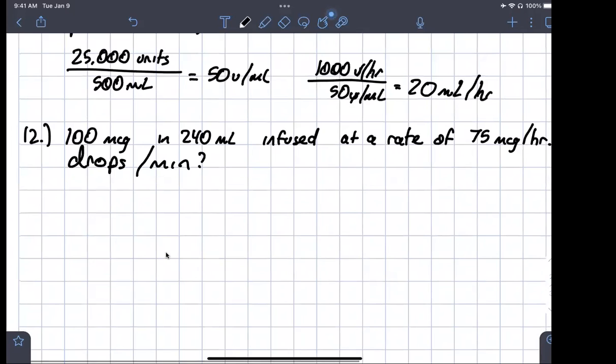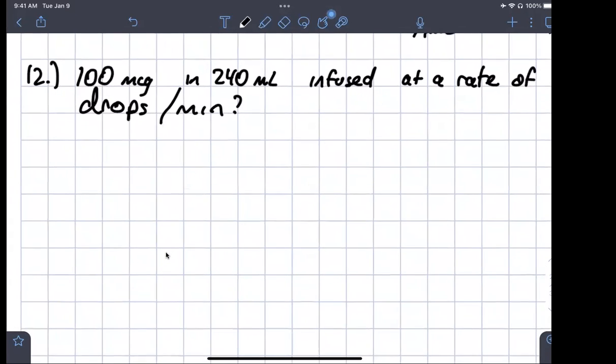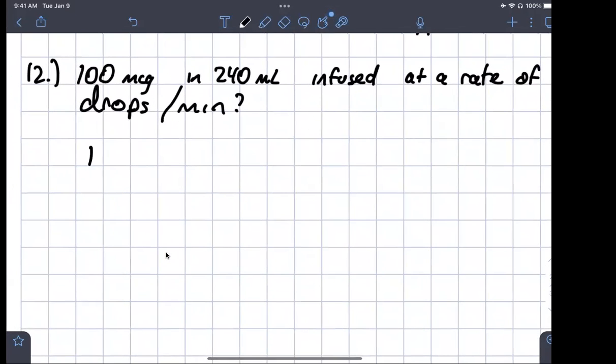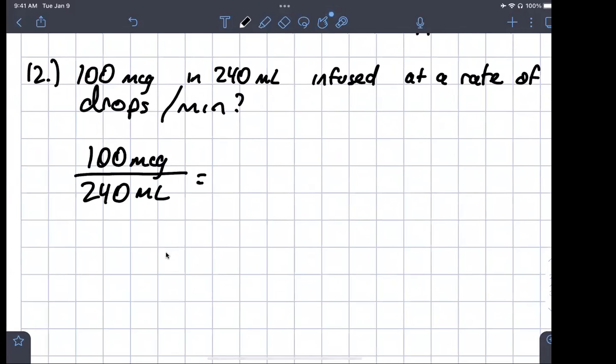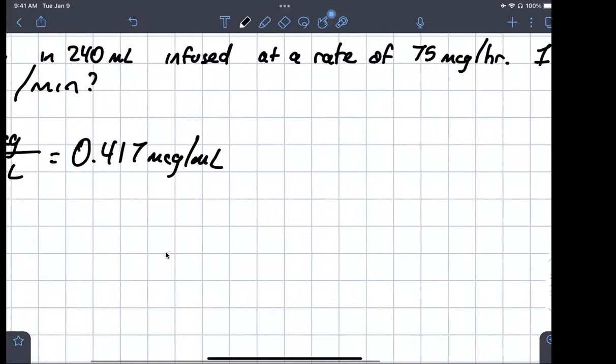All right. So we have 100 mics in 240 mils. So if I do this calculation, it'll tell me how many mics are in 1 mil. That's 0.417. We need 75 mics per hour.